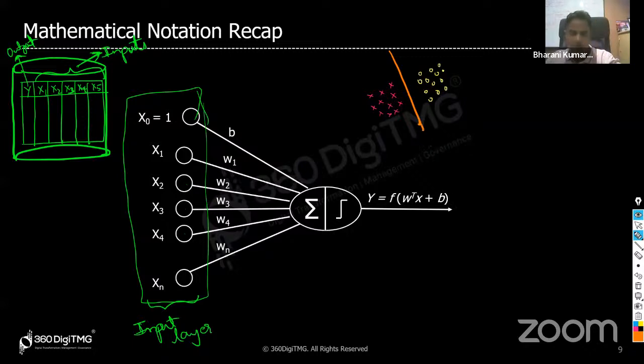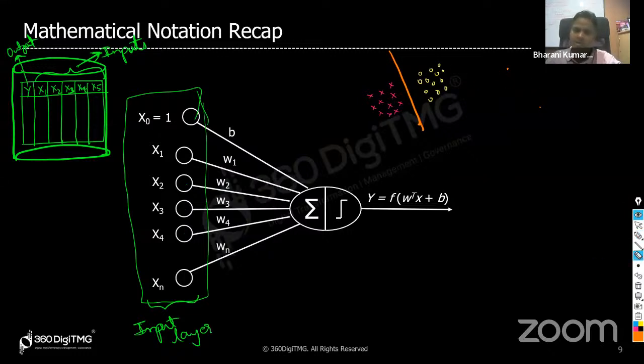If you can draw a line, that line will segregate these two classes. When you have this kind of a setup, or if your data follows this kind of a pattern, then it's called linearly separable boundaries. It's linearly separable.